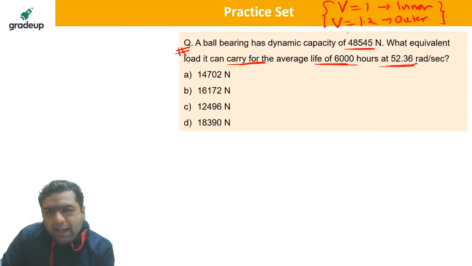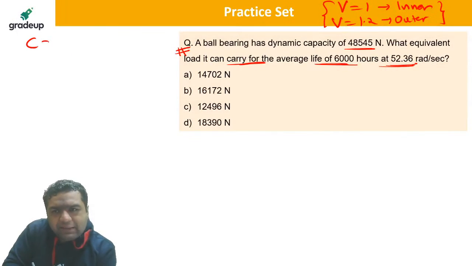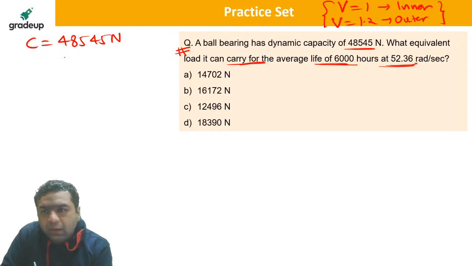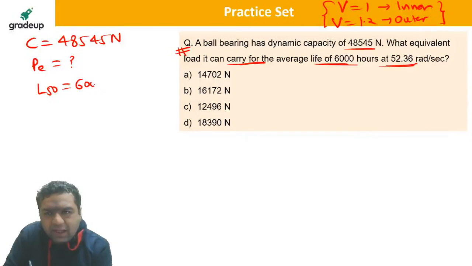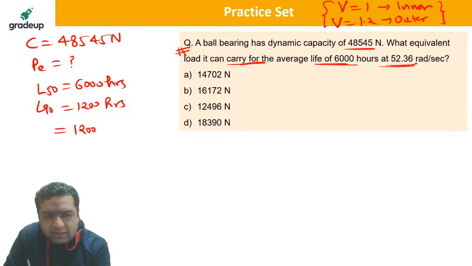A ball bearing has dynamic load carrying capacity C equal to 48545 Newton. What equivalent load means PE is to be asked. Average life means L50, 6000 hours, so L10 will be 1200 hours. So 1200 hours into 60 RPM you need to find out.